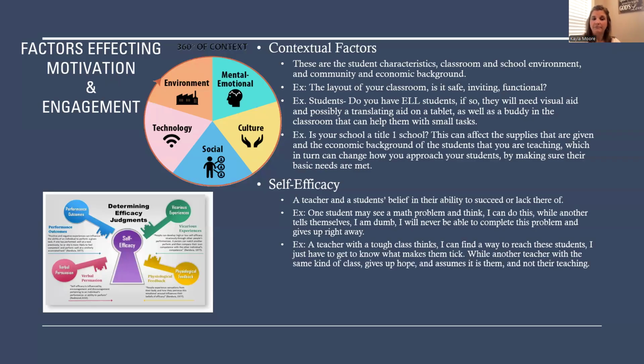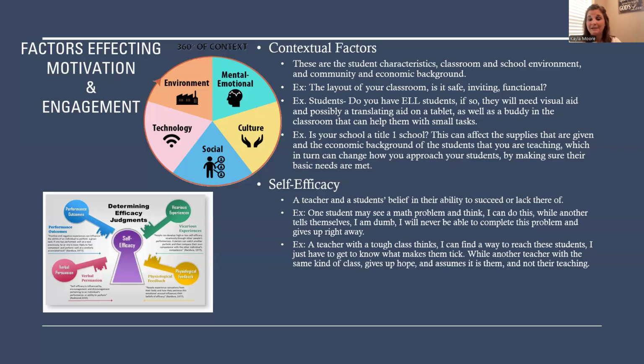Here's a teacher example. A teacher with a tough class thinks, I can find a way to reach these students. I just have to get to know them and know what makes them tick. Figure out maybe the Maslow hierarchy of needs, maybe what they're missing in order to help them behave better.